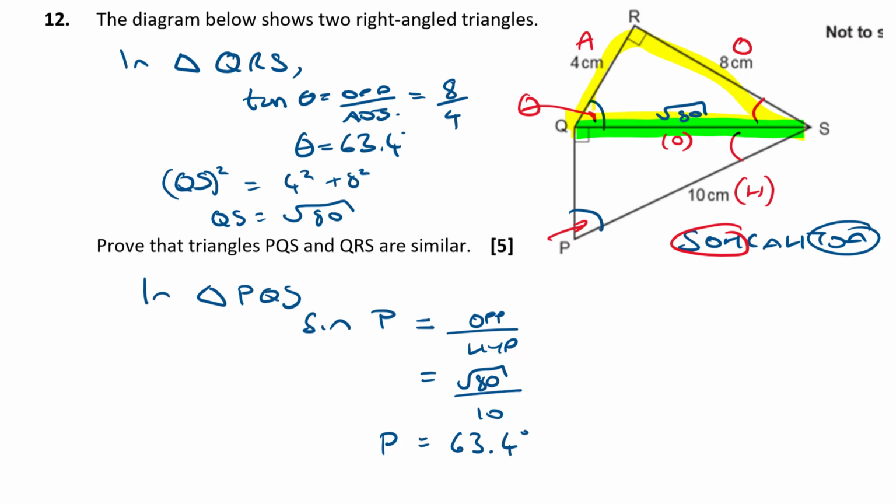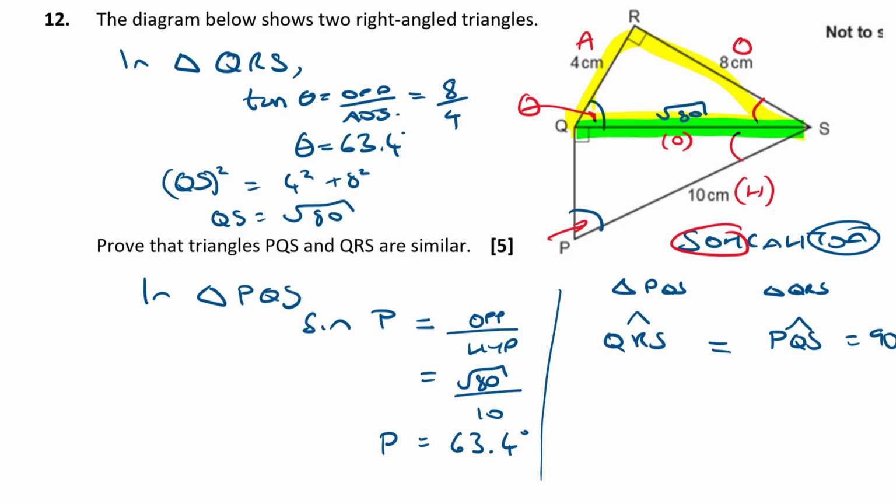So we just equate the things that are the same to each other. We've got triangle PQS and triangle QRS, haven't we? So let's equate like with like. Let's equate the right angles first. So I've got angle QRS in the first triangle, and that is equal to angle PQS in the second triangle, which is equal to 90.